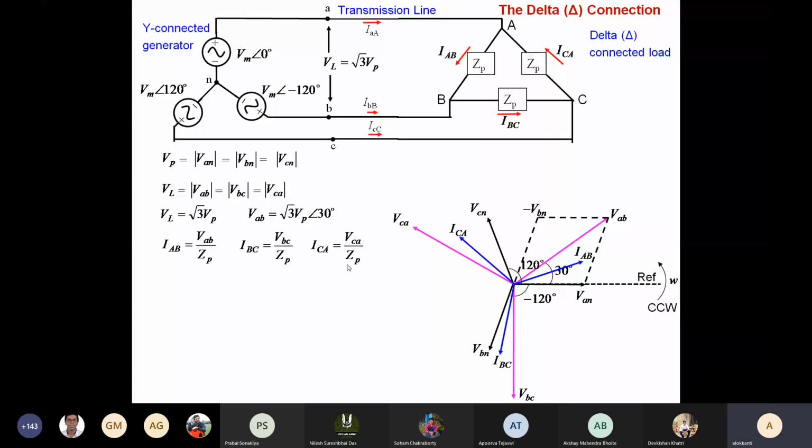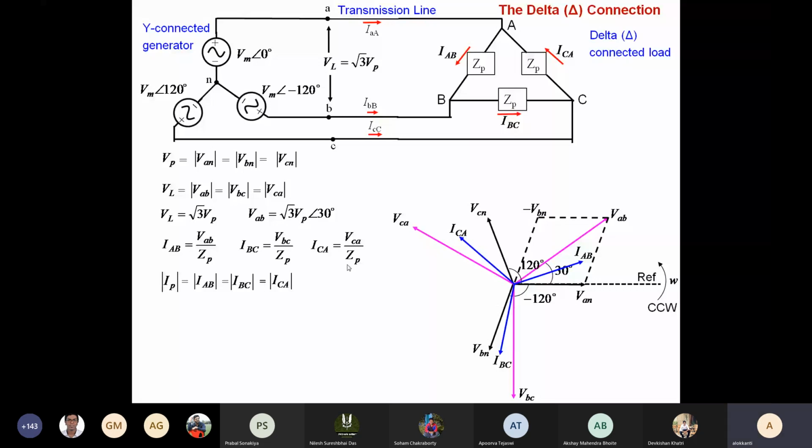So these are the phase currents inside the delta connected load, and since we are considering a balanced load supplied by a balanced generator, the magnitudes of these individual phase currents are all the same. So IAB, IBC and ICA are the phase currents of the delta connected load.